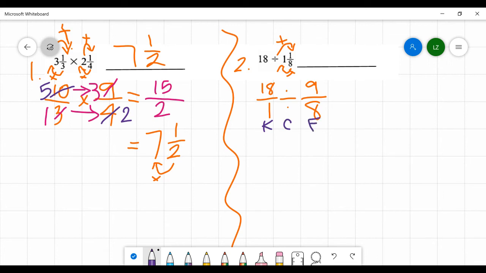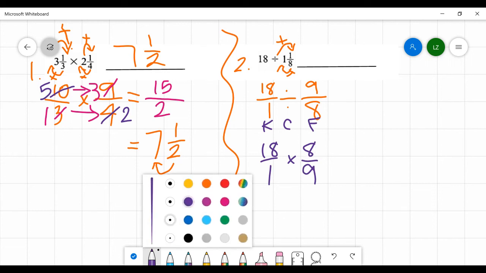So we're going to keep the first fraction as 18/1. We're going to change division to multiplication. And then we're going to flip the second fraction into the reciprocal of 8/9. Now from here, we're going to look crisscross to see if we can divide the same number out of any of the numbers that we have right now.